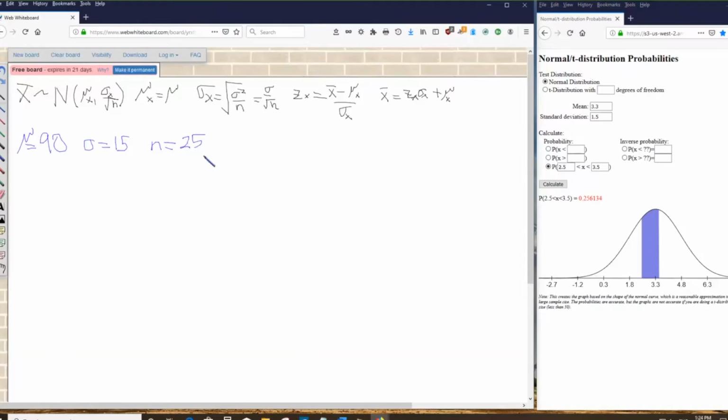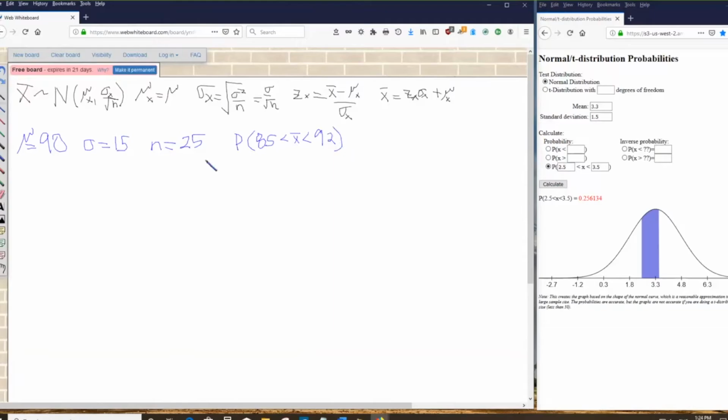The first thing we want to do is find the probability that the sample mean is between 85 and 92. So that means we're going to find the probability that this X value is going to be between 85 and 92.